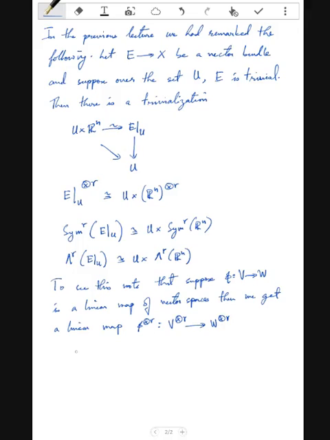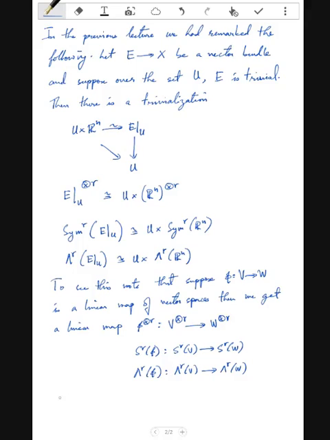Similarly, we get S^r phi from S^r V to S^r W, and exterior r phi from exterior r V to exterior r W.